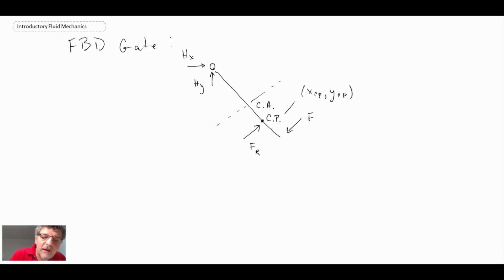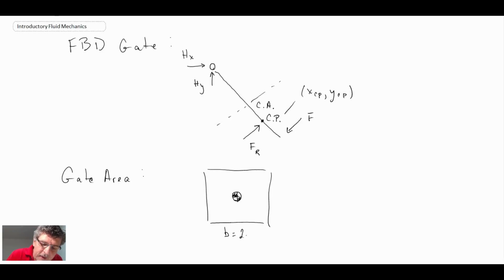Okay, so let's take a look at the gate area. We're told that it is a square gate, and consequently we have the center of area located symmetric at that location. B is 2 meters wide, and it's 2 meters in the vertical. I'll define those as being B and L. So we know through geometry the area is 4 meters squared.